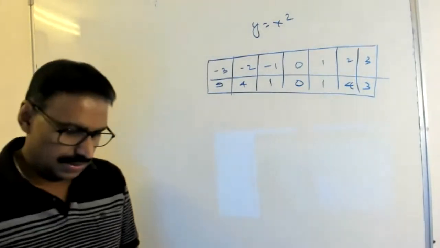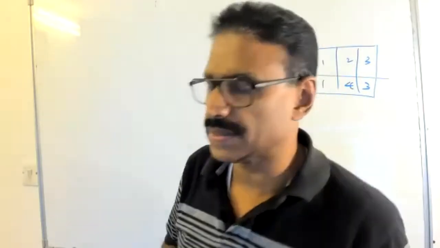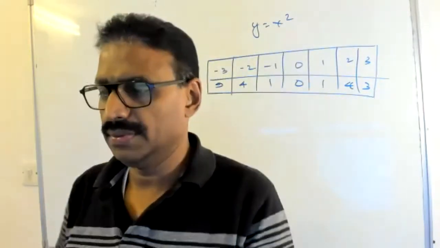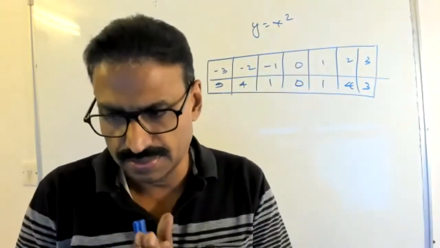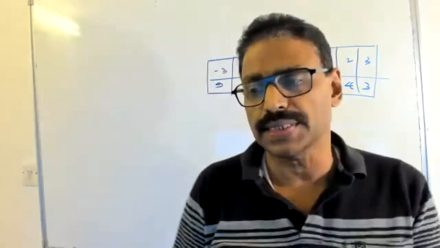I told you the 0 means where the line intersects the x-axis, its x-coordinate. Keep that in your mind.